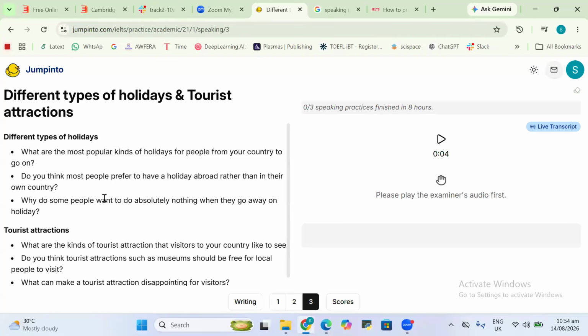We have limited time, only 6 minutes left, so we will only ask one question, and after that we will conclude our session. The first question is, what are the most popular kinds of holiday for people from your country to go on?